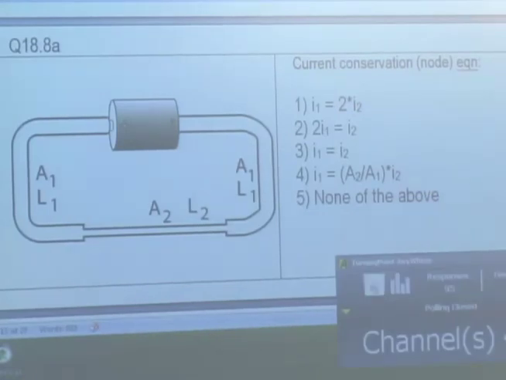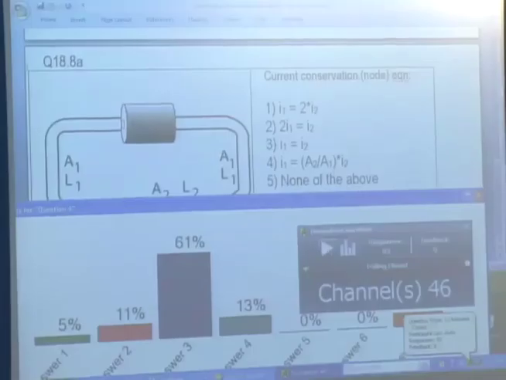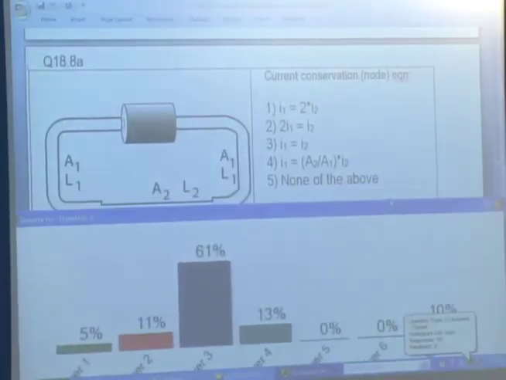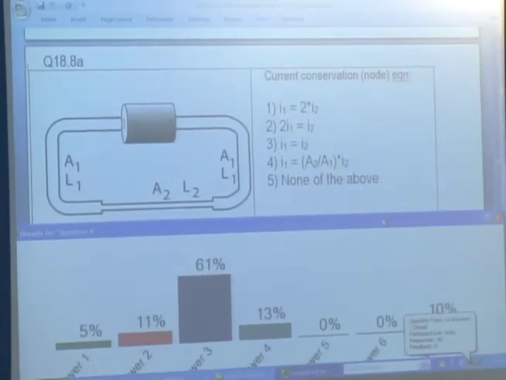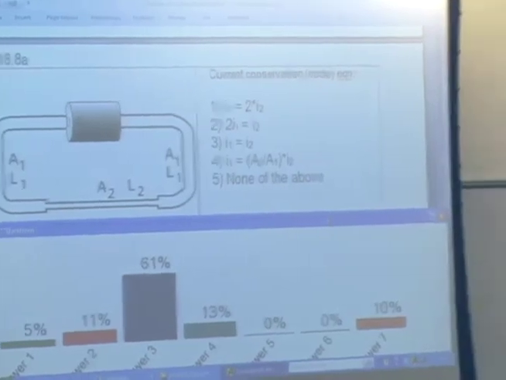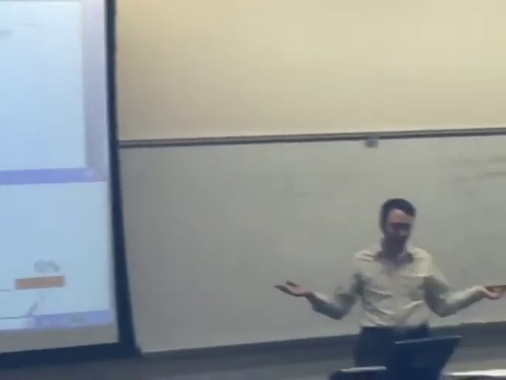What do we know about the current in the thick wire versus the current in the thin wire, the electron current? All right, well, maybe some of us need a little bit of review on this, but if we're in the steady state, what do we know about the current in and the current out of a node? They've got to be equal.